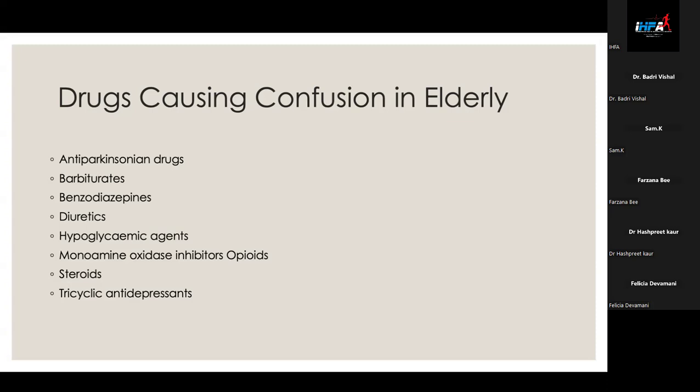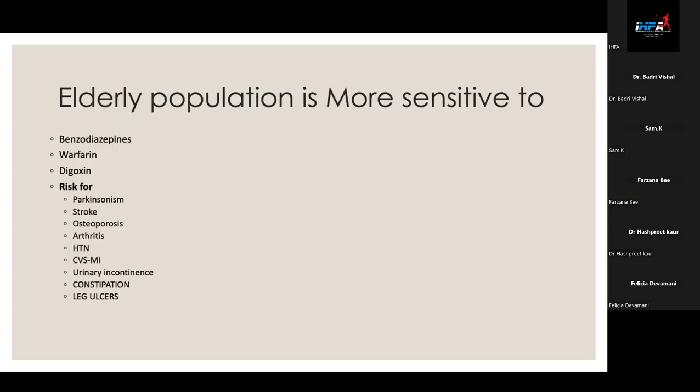So we need to be sure that the patient is not having any kind of drug reactions because of all these drugs, and they have to be monitored properly. If any signs and symptoms are there, we need to discuss with the geriatrician properly and manage the case accordingly.